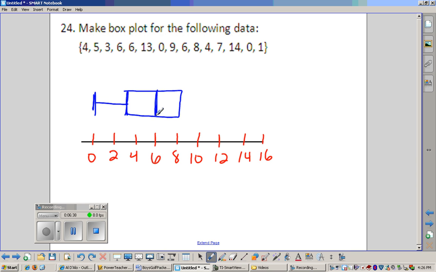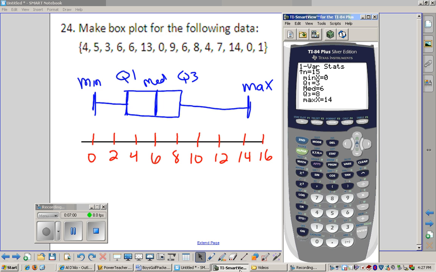The median is a little line down through the box at 6. Then the max is the whisker all the way up to 14. It's a box and whisker plot. This is Q3, the upper quartile. This is Q1, the lower quartile. This would be the min, this is the max, and this is the median.